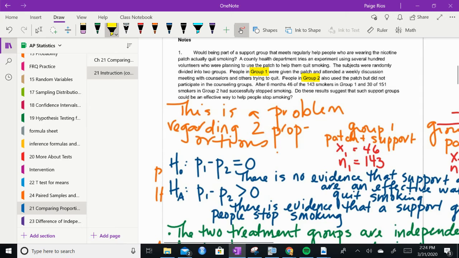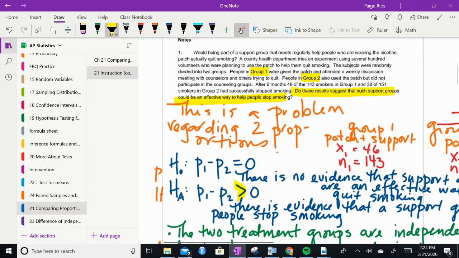So we're looking to see if group 1 has a better success rate than group 2, okay? Because the question here says, do these results suggest it's an effective way to help people stop smoking?